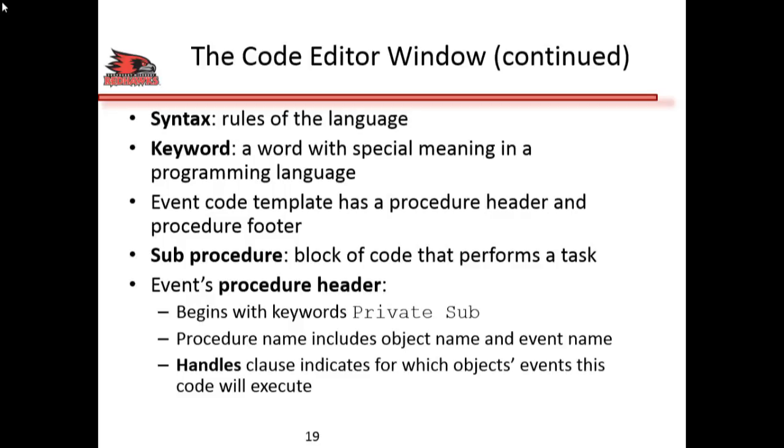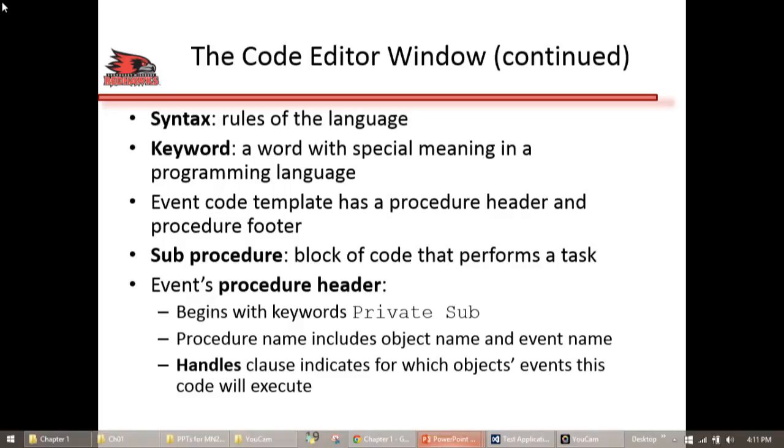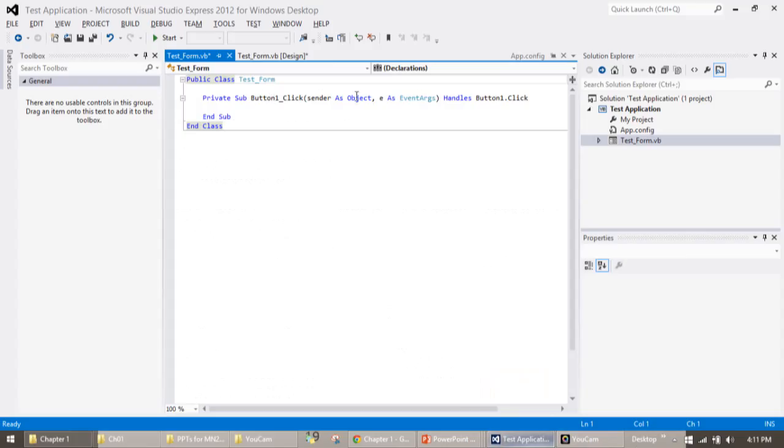And sub procedure is basically the codes for the objects within the form. It generally starts with private sub and ends with end sub, and these include some basic codes like here you see the code or procedure for the button.